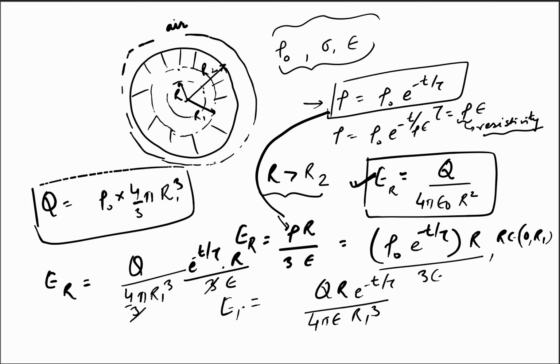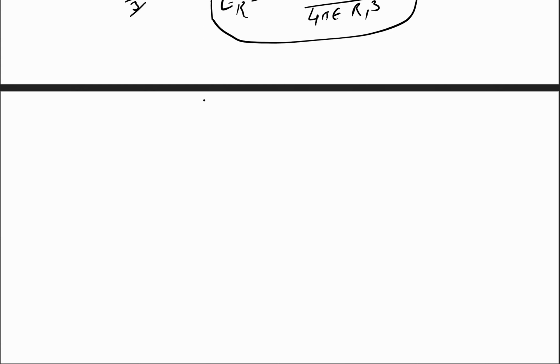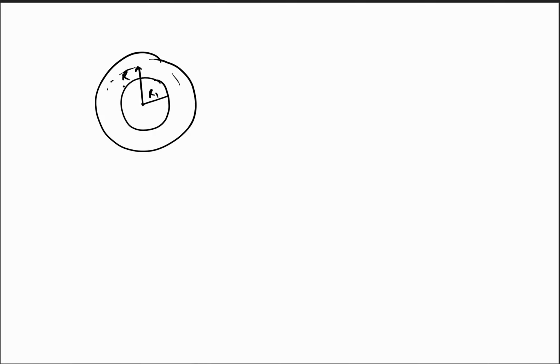So this is the value of electric field, and you see this electric field is gradually decreasing with time at a point which is located inside this charged portion of the sphere. Now let us find the field at a point which is lying in the uncharged portion, that is, for a point which is lying somewhere here. Again, I will make a Gaussian surface, and this is R2, this is r, and this is R1.